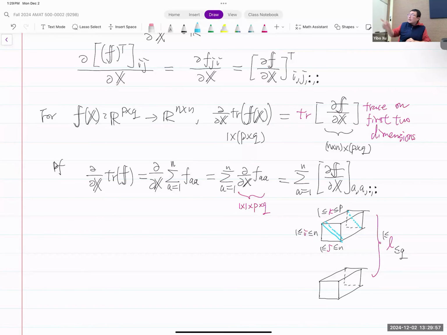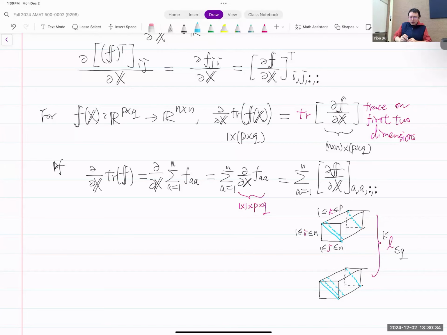So you see that k goes from the front: the first slice, second slice, all the way down to the p-th slice. That's giving me the first column of this matrix here. And then it repeats for the next rectangle all the way down. For the last rectangle, you also do the trace on the first two dimensions, and that forms the last column of the matrix on the left hand side.